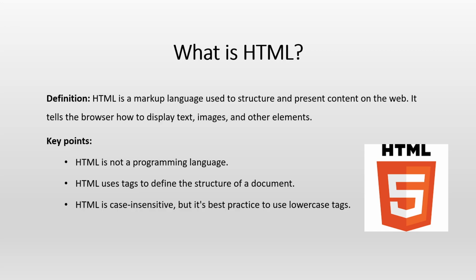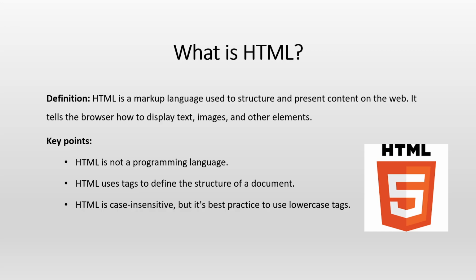For those purposes, we use a programming language. But HTML is a markup language. It is only used for displaying text, not for calculations and doing other things. A programming language's purpose is making calculations and doing other things, but HTML's purpose is not that.